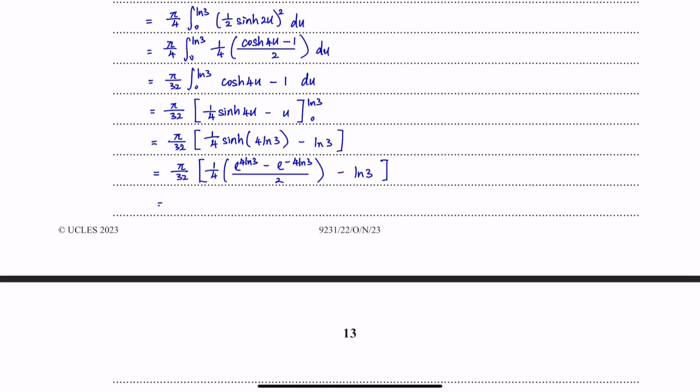So this can be written as 3 to the 4 minus 3 to the negative 4. And the final answer would be pi over 32 times (820/81 minus ln 3).